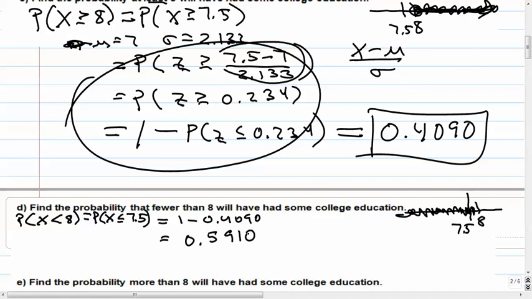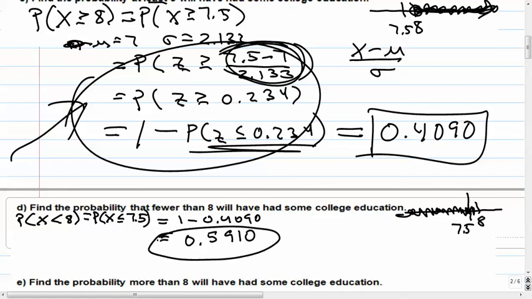So you can do it one of two ways. You can either walk through a similar routine like this by converting it to a z-score. You're going to get the same z-score. The only difference is you're going to be less than or equal to it, and that's the way the table works, right? And so if you looked up this value in the table, you would have gotten 0.5910. All right? So there's the answer to D.